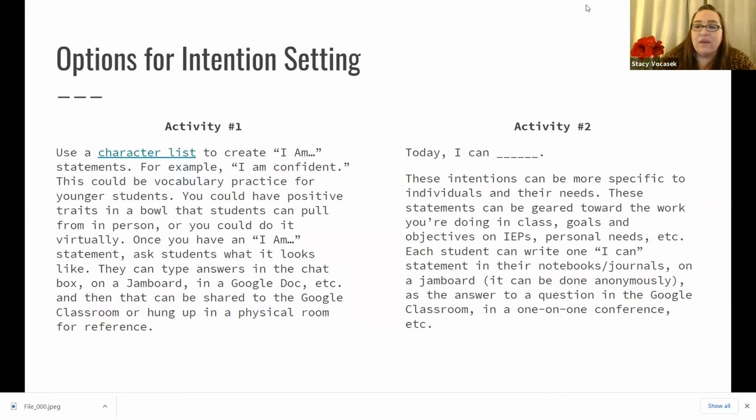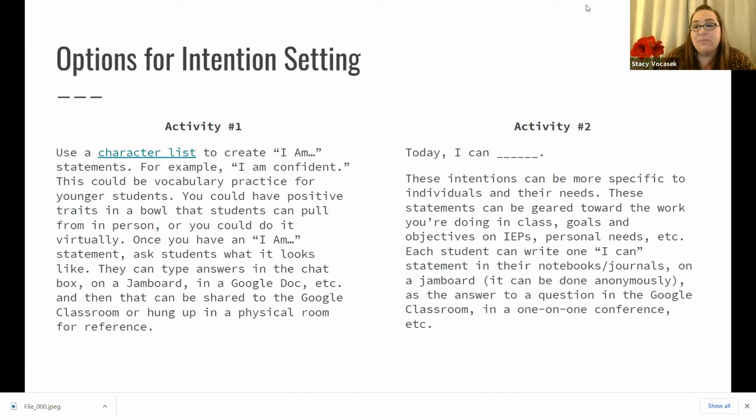And then the other thing that we can do too is the I can statements. So these will be really supportive for students with IEPs or who are on 504s who have those goals and objectives and personal needs. So a kid might say, I can respond to my teacher's email, or I can turn in 5 sentences by the end of class towards my assignment.